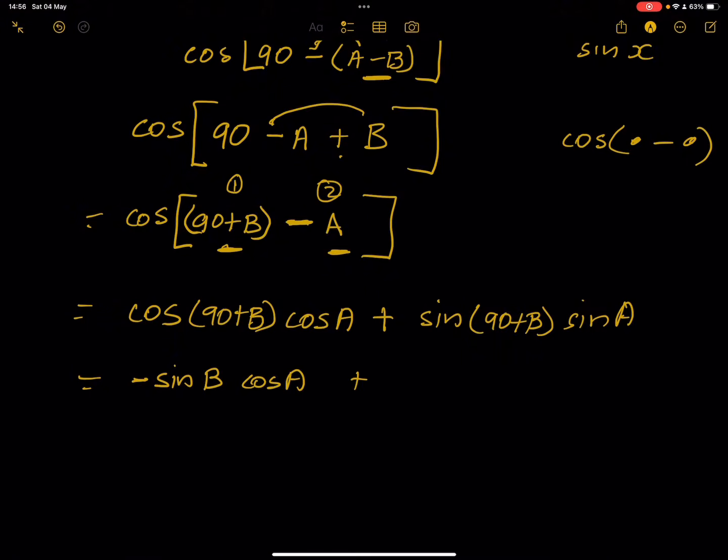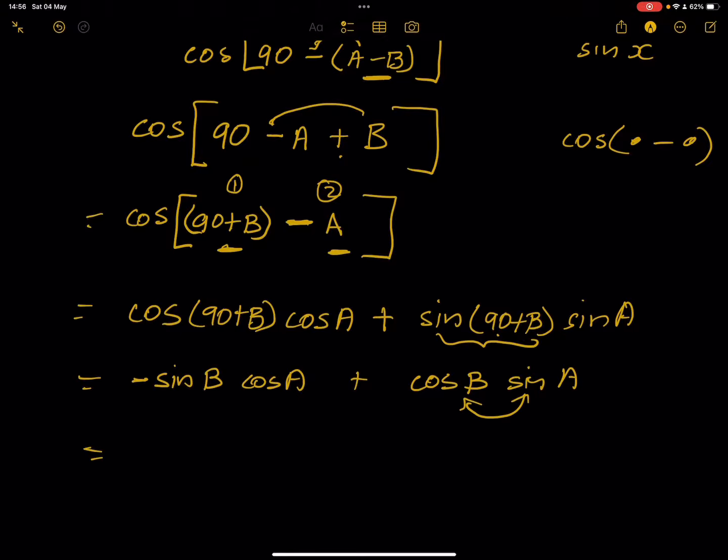plus the same thing there, sine of 90 plus B, that's in the second quadrant, right? And sine is positive there, so it will change to cos of B because of that 90, right? The sine of A. Now I can rewrite this, right? Just the other way around. I'm just going to swap these around.